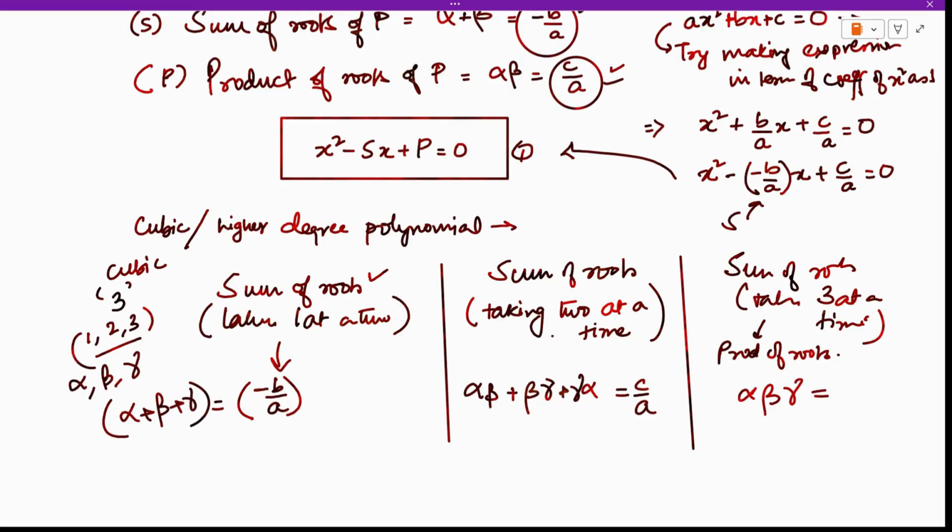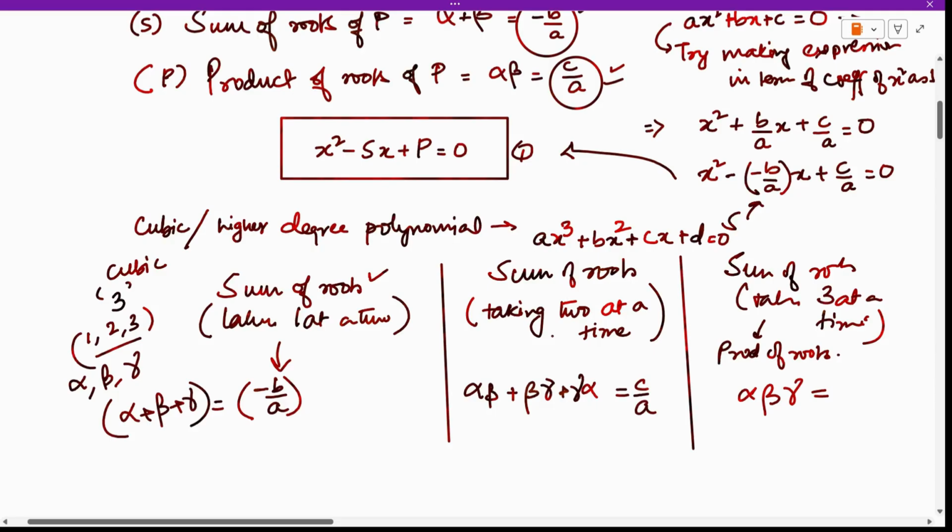Product of roots is, now you see the cubic expression, ax cube plus bx square plus cx plus d equals to 0, right?